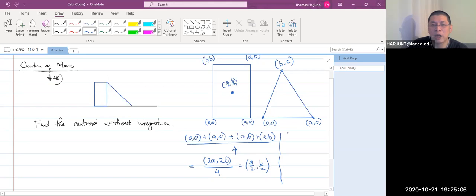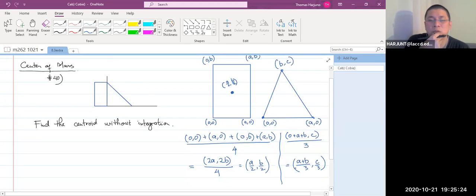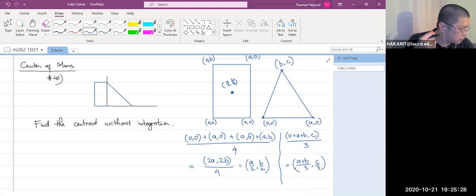When you add, you will get 0 plus A plus B, comma C over 3. There are three coordinates there, right? So it will be A plus B over 3, C over 3. That actually works for every polygon.